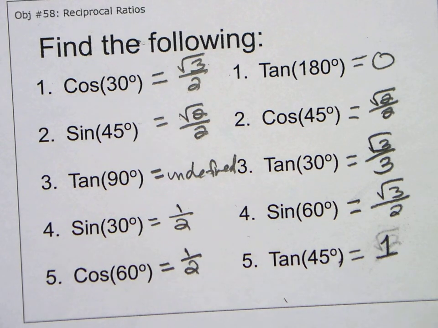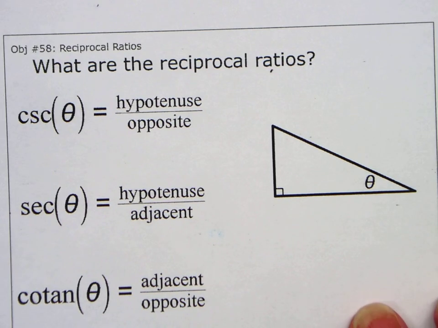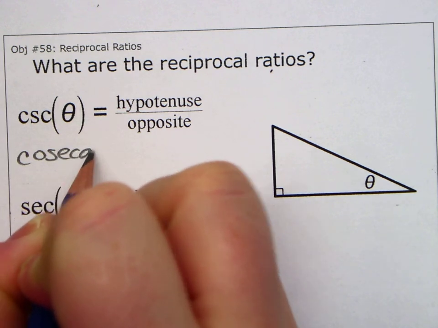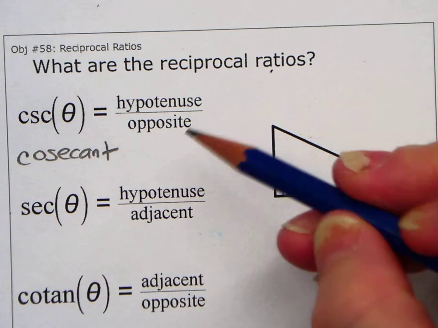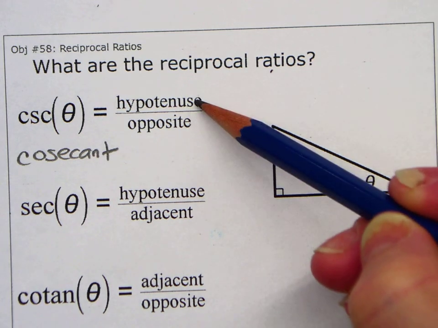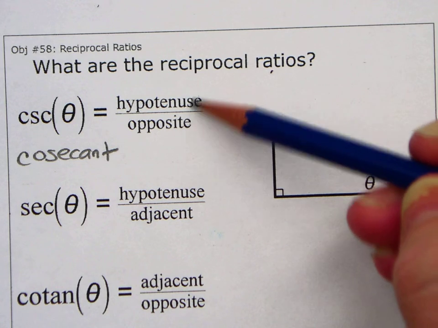All right, so there are 3 reciprocal ratios. CSC of theta, which stands for cosecant. Cosecant of theta is hypotenuse over opposite. Notice that's a reciprocal of what? Sine. Basically, we're just taking sine and flipping the fraction.